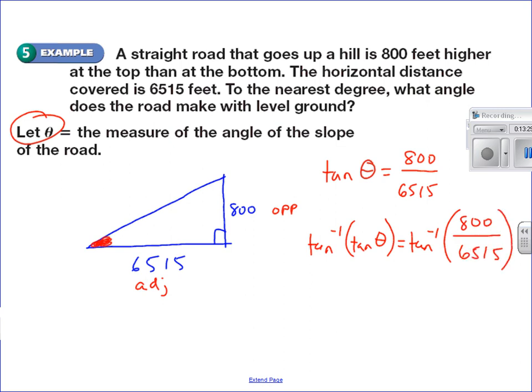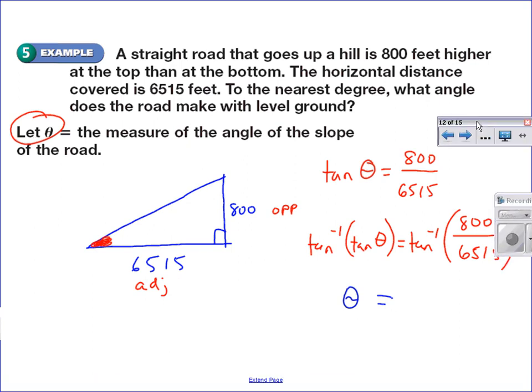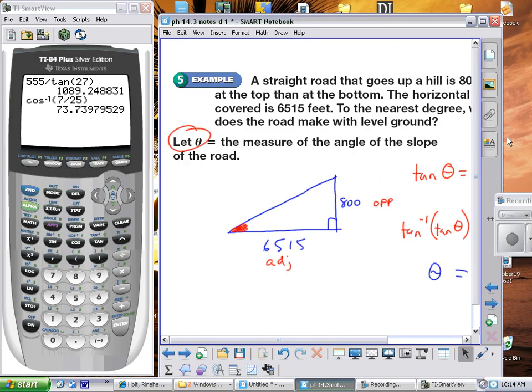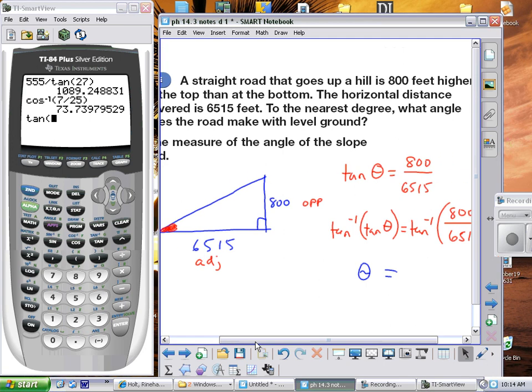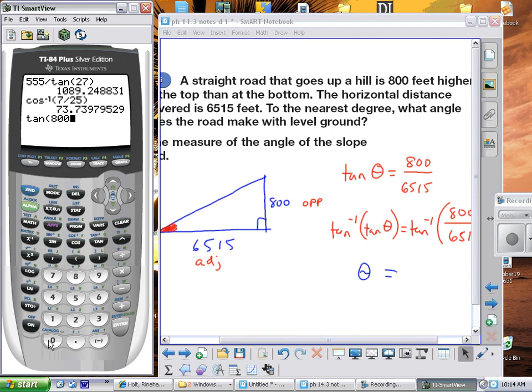Okay, and again, I say to my calculator, hey, Mr. Calculator, in a right triangle, if my tangent ratio is 800 over 6515, what angle does that come out to be? So you go to your calculator and press second tangent. Again, make sure you're in degrees. Plug in your numbers: 800 divided by 6515.